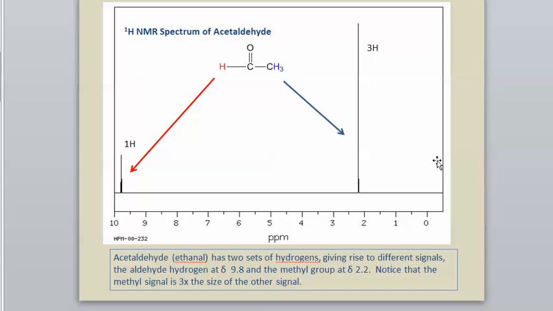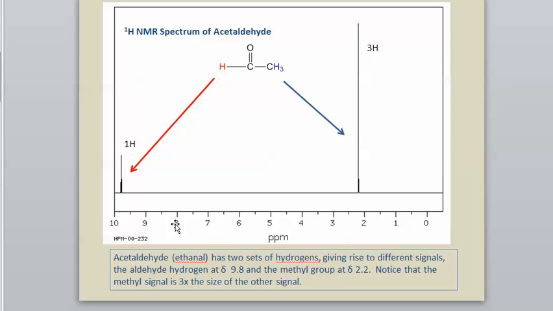And that's something that's really nice about NMR, is that when you have different hydrogens or different sets of hydrogens, the size of the peaks are proportional to how many hydrogens are giving rise to that signal. So that can be very helpful, especially if we have a number of different peaks and we're trying to associate each peak with one or more hydrogens in a molecule.